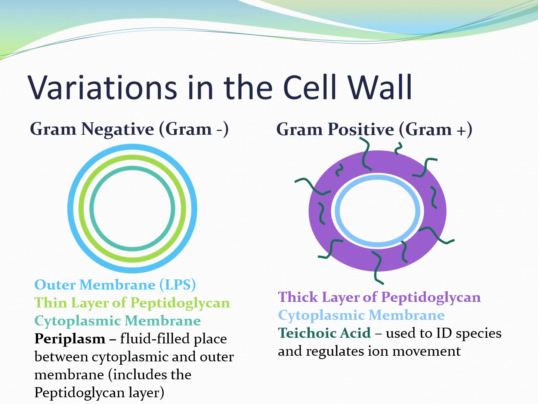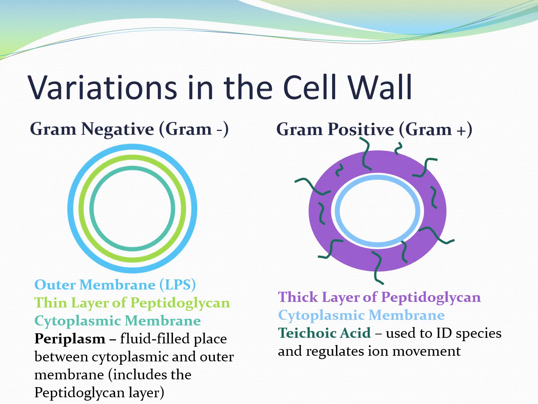Then we have the cytoplasmic membrane, and for whatever reason, I don't know if you can see it as of the moment, I cannot, but there should be little hair-like structures coming off of this called teichoic acid. These are hair-like structures that are used to help identify species, and it also regulates ion movement, and that's something specific to our gram-positive cells.